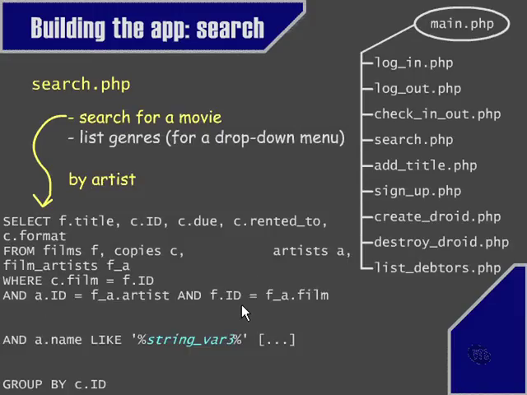Here is another subsection of the query which shows that we're searching on the films table, the copies table, the artist table, and the bridging film artist table. The connections are made here, once again between the films table and the copies table, between the artist and the film artist table, and between the films and film artist tables.